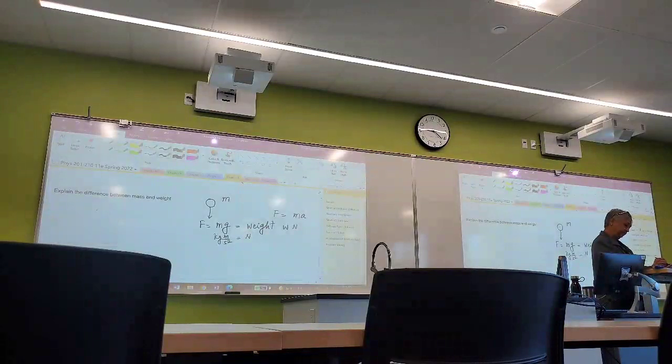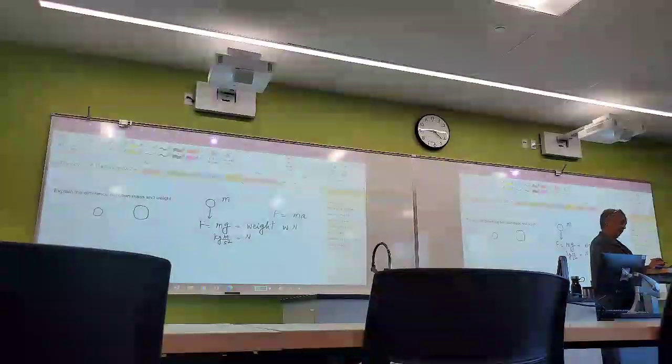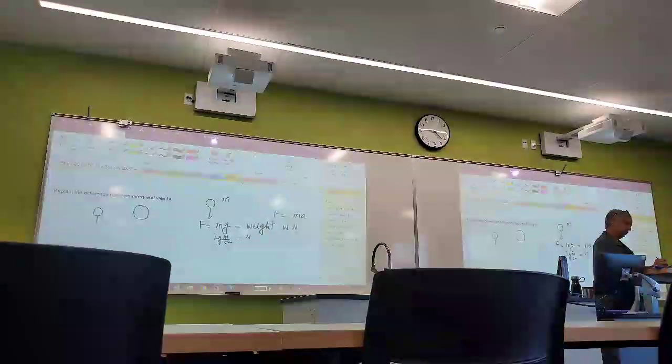Now tell me, if I have an object like this and a bigger mass here, and I drop both of them from the third floor, correct? Does this have a smaller force and this has a bigger force?